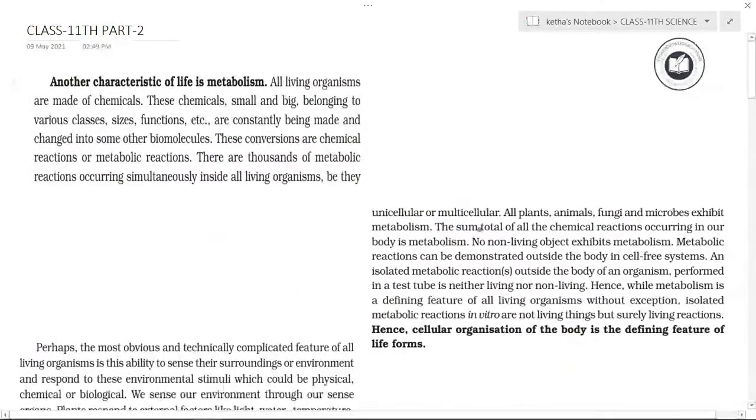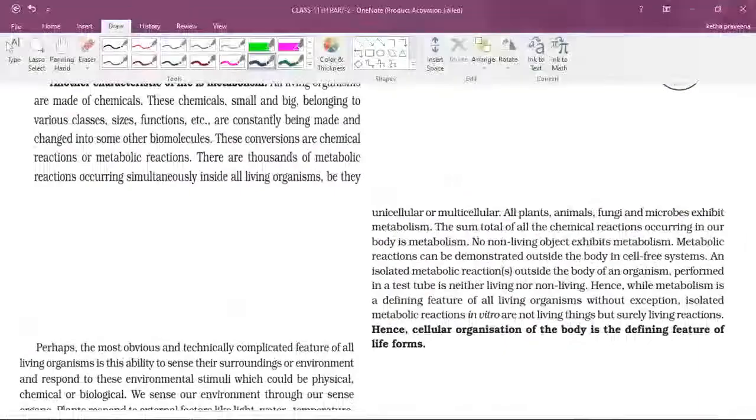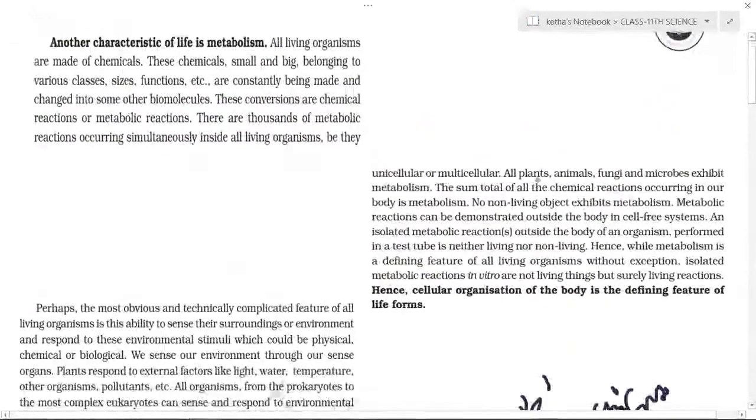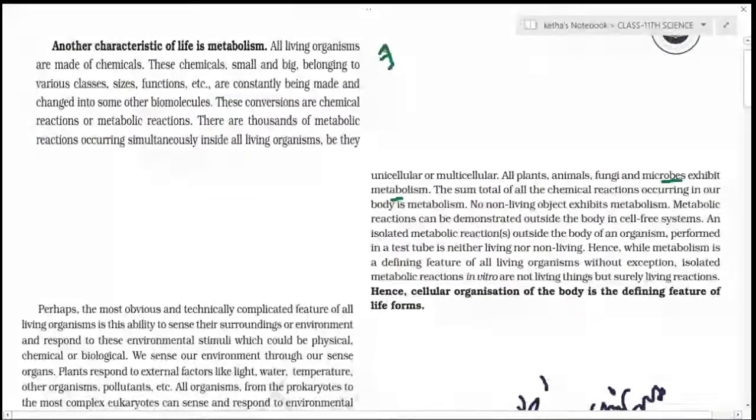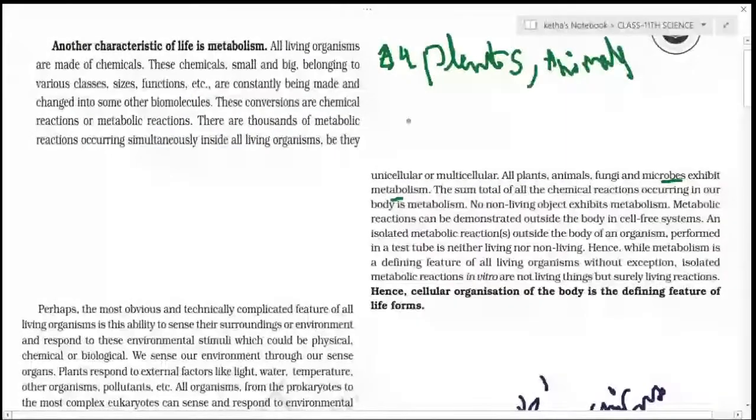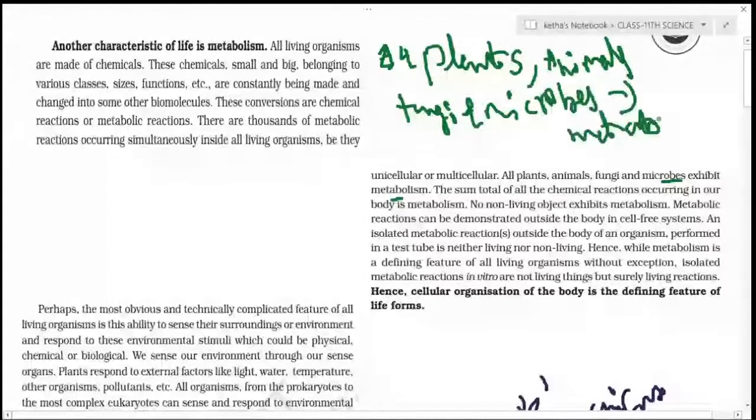All plants, animals, fungi, and microbes exhibit metabolism. Sorry for my handwriting, as I'm writing with my mouse. It's not clear. So they all exhibit this metabolism.